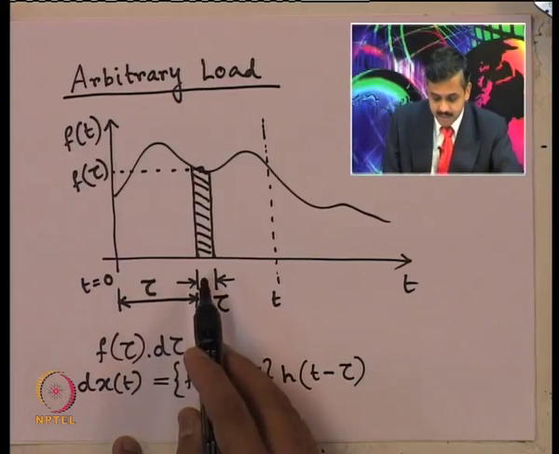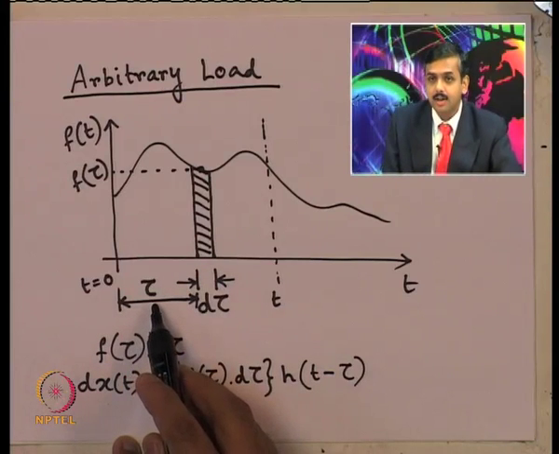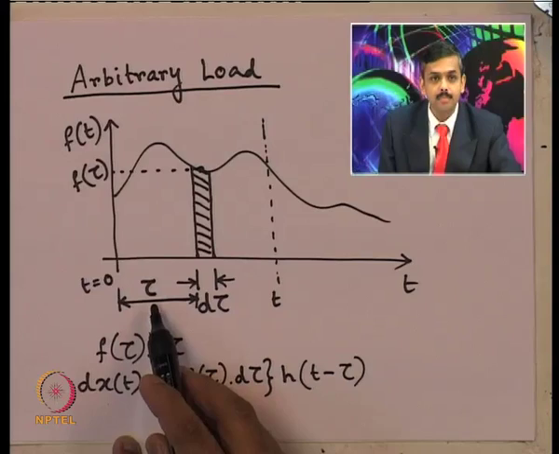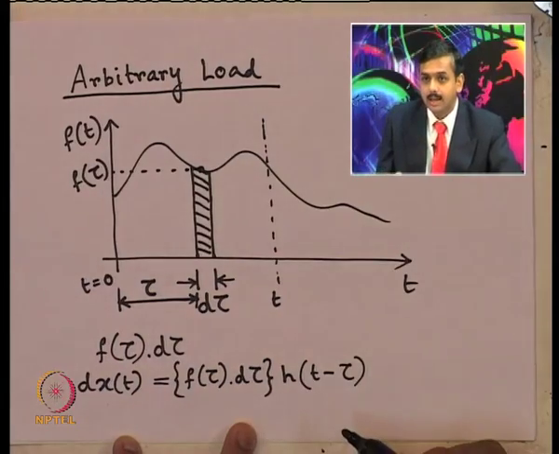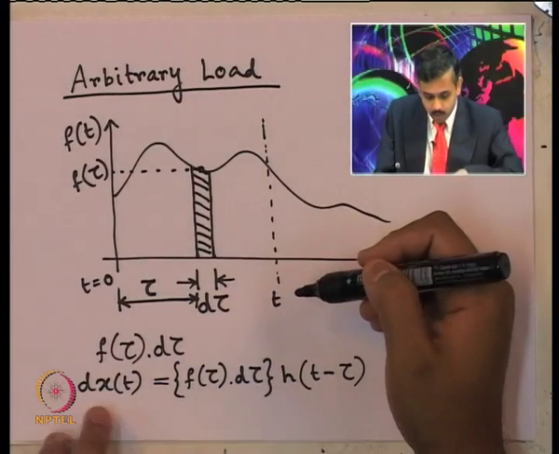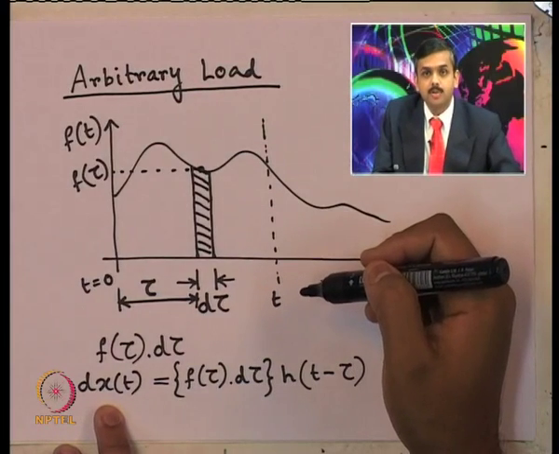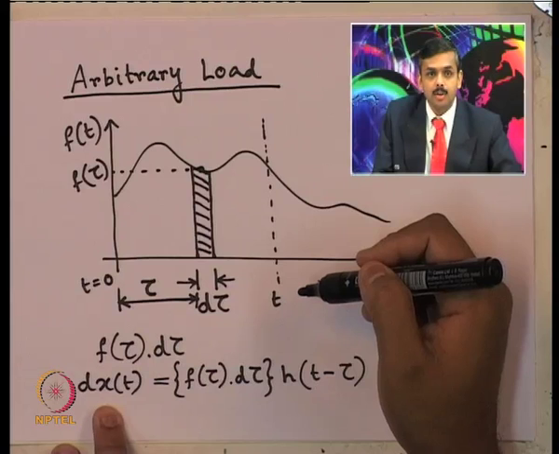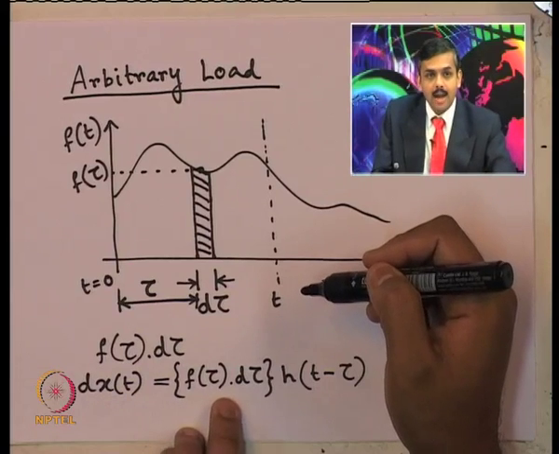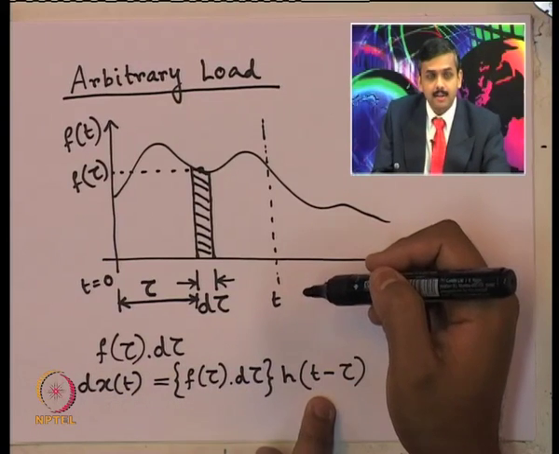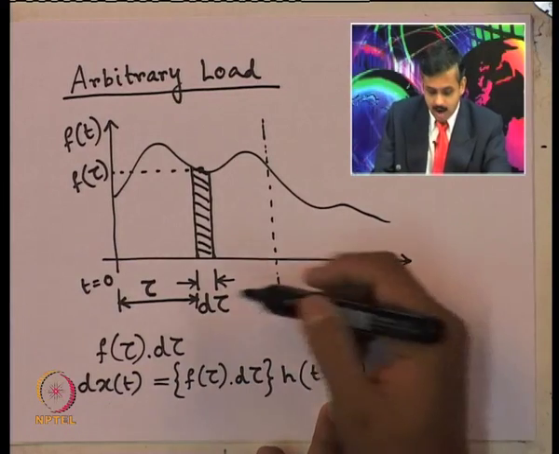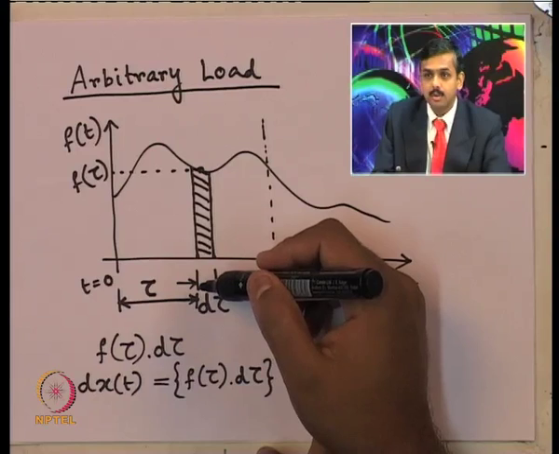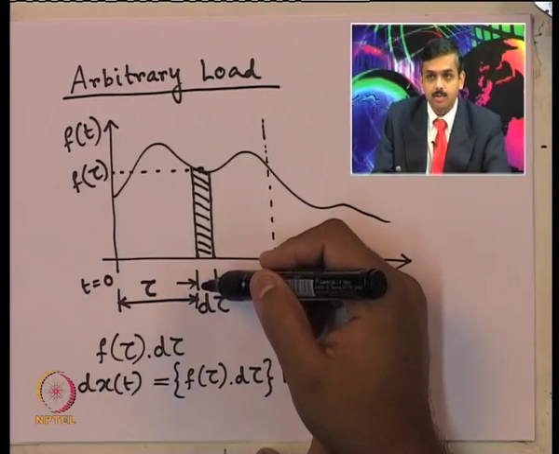The impulse has started after an elapse of time tau. So, at any time t, we want to know what is the response of the total system. So, the response should be I times h of t. In this case, our t is t minus tau, because it started beyond time t equals to tau.